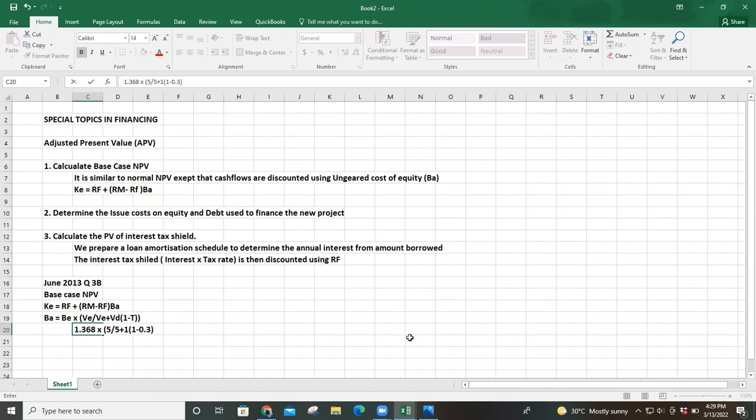So therefore we have, using the calculator, 5 plus 0.7, that is 5.7. So 5 divided by the answer.